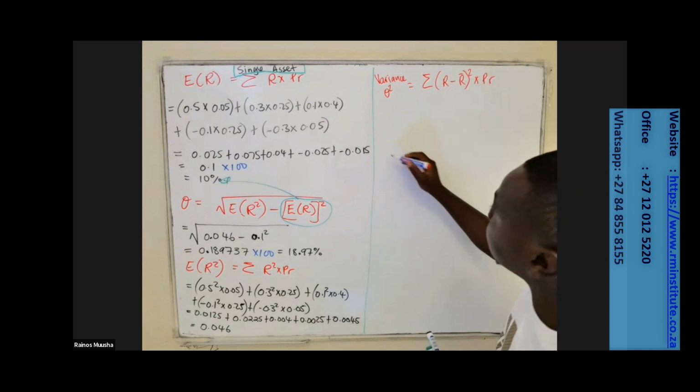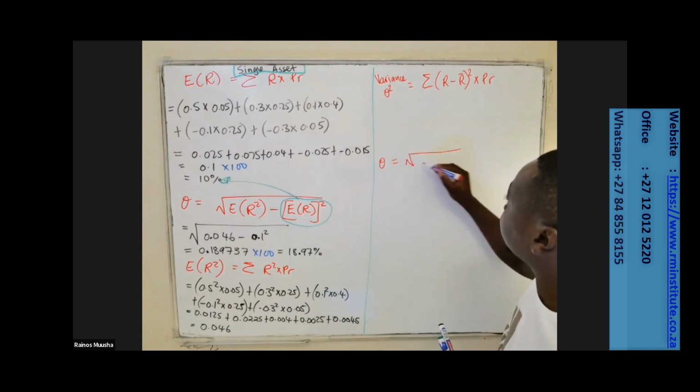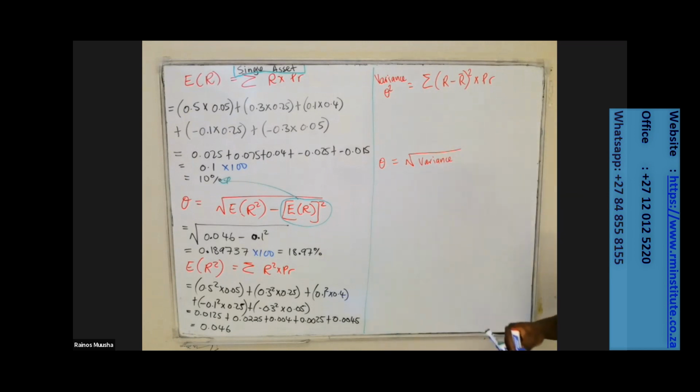Then the standard deviation is given as the square root of the variance. This is another method that you can also use, and we're going to be seeing it quite a bit in later chapters as well.